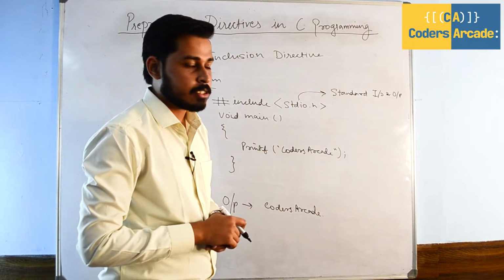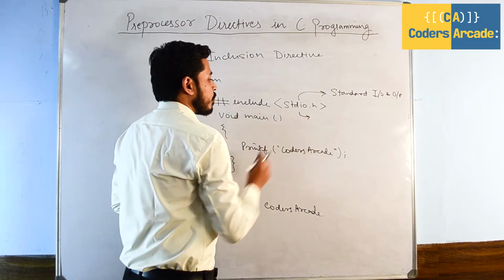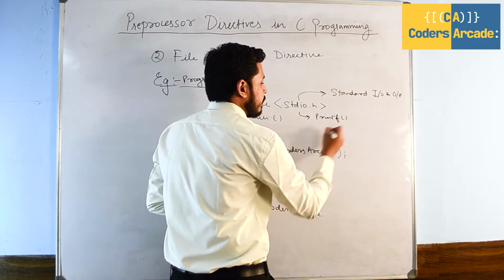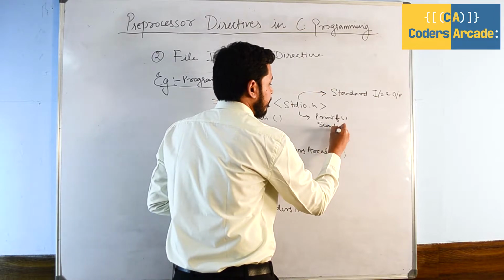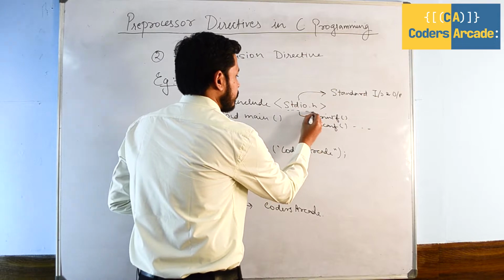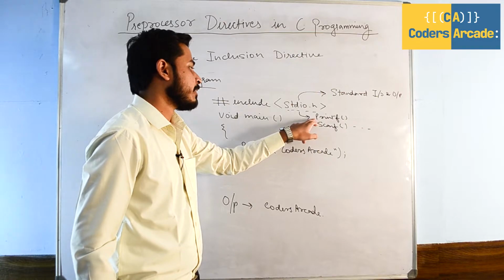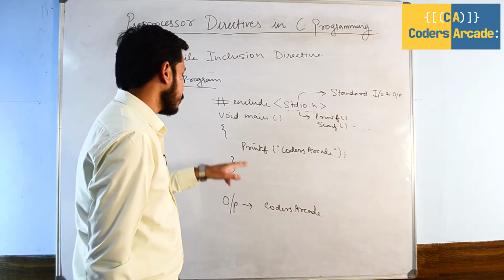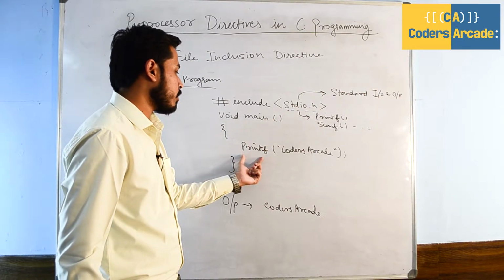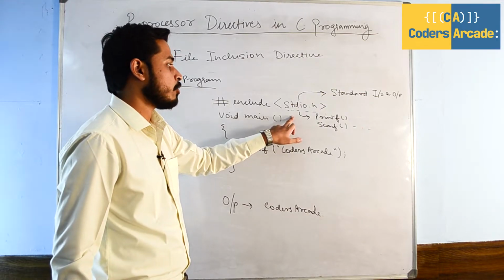What this means is, this header file contains keywords such as printf, scanf, and many more. So in this case, if we don't include this stdio.h, this printf won't work and it will give us an error. This program won't execute without stdio.h.